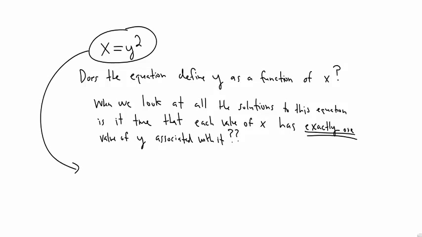Let's try to solve this equation for y. This equation is equivalent to y equals plus or minus the square root of x. So we see that for example 4, the square root of 4 is 2.